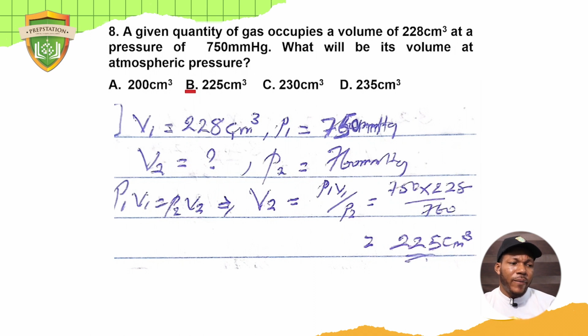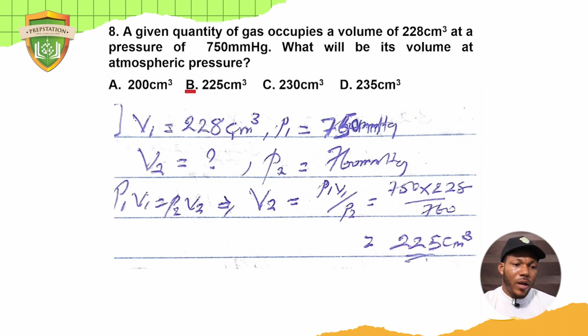Then another example: a given quantity of gas occupies a volume of 228 cm cube at a pressure of 550 mmHg. What will be its volume at atmospheric pressure? This is still Boyle's law because you are asked to find the volume, and you are given pressure.